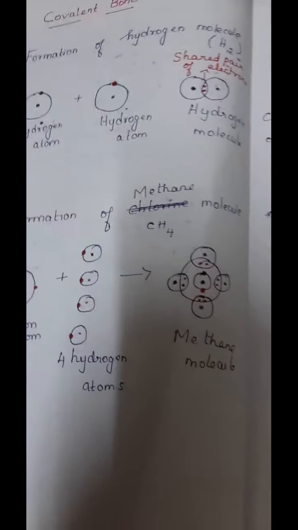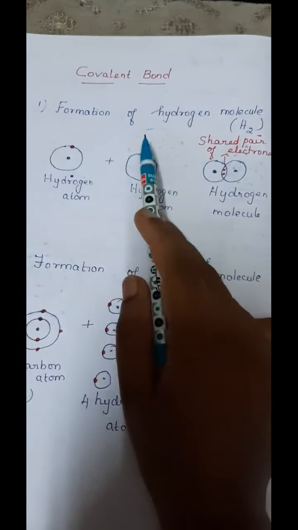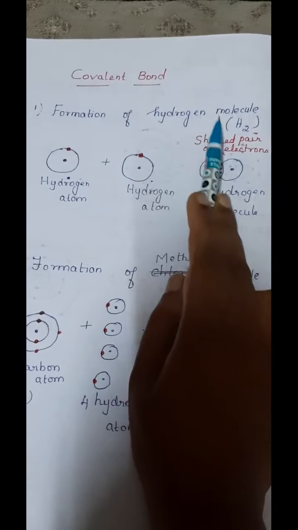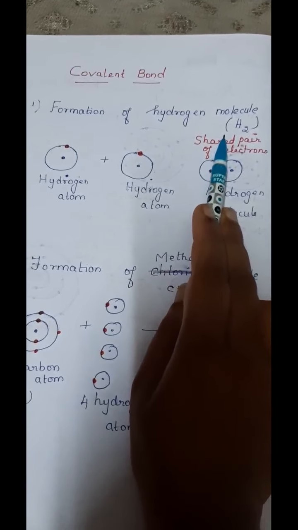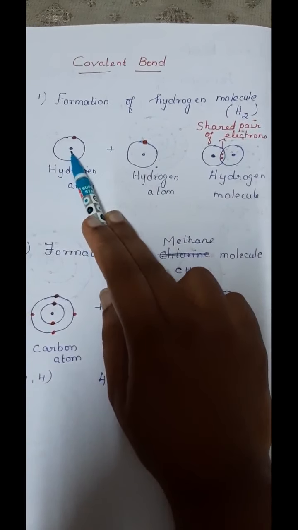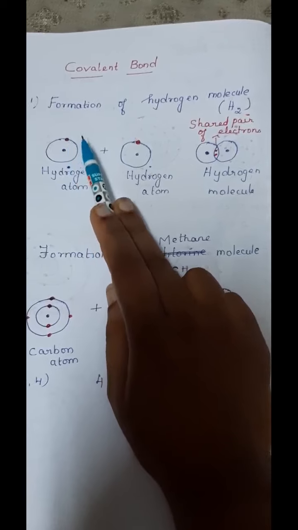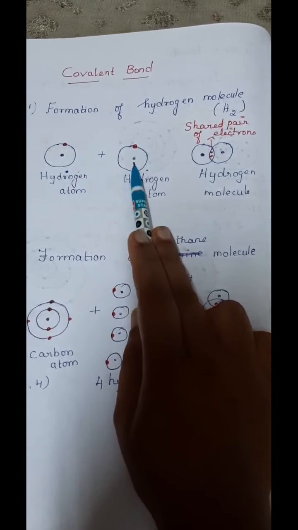Now look at the illustration. Covalent bond. Formation of hydrogen molecule H2. So, this is a nucleus. Hydrogen has atomic number 1, so 1 electron plus a hydrogen atom.